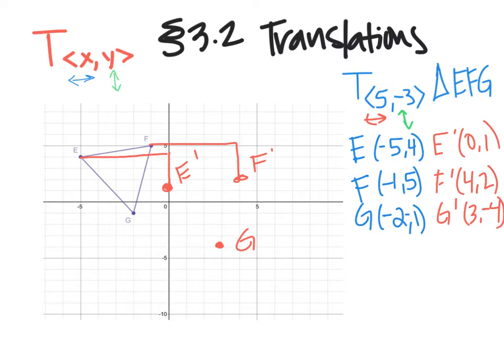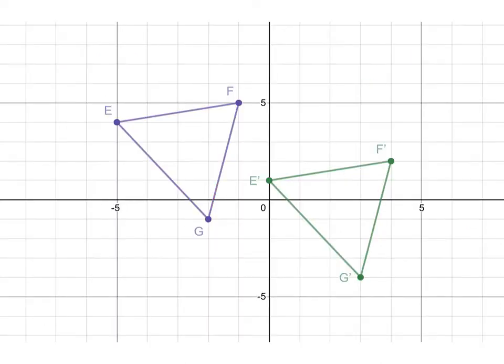Okay, so here is our translated image. So again, this guy over here is the pre-image. This guy over here is the image. These are rigid motions, and so it doesn't change the shape or the size to slide and move it around. This here is just a really nice, fancier picture done in Desmos so that we can see, again, that pre-image.